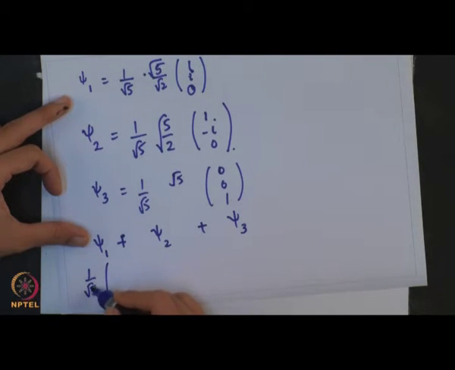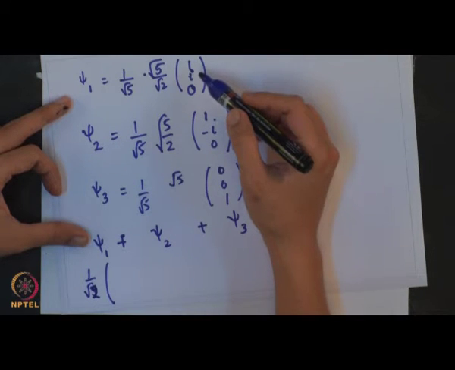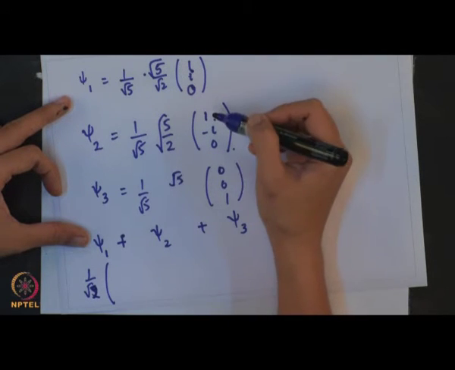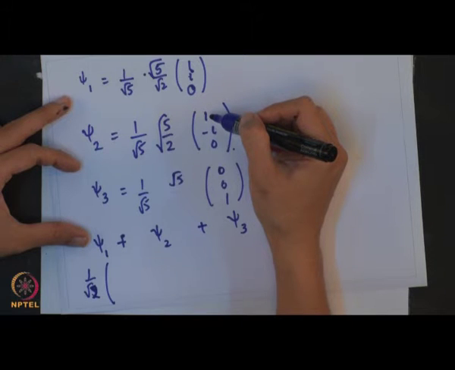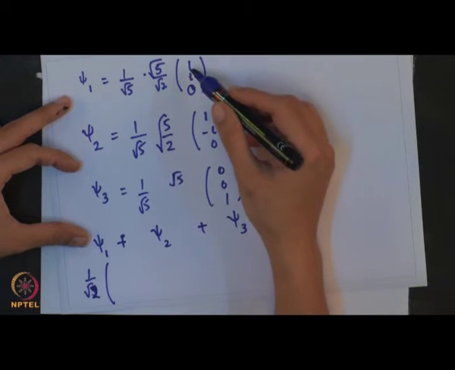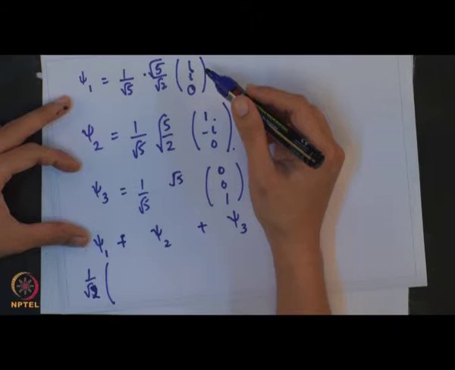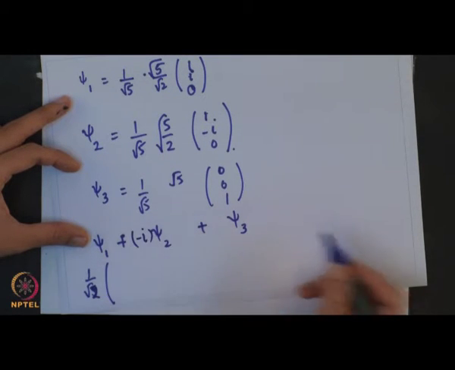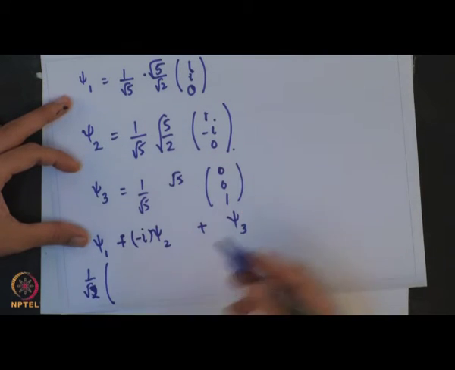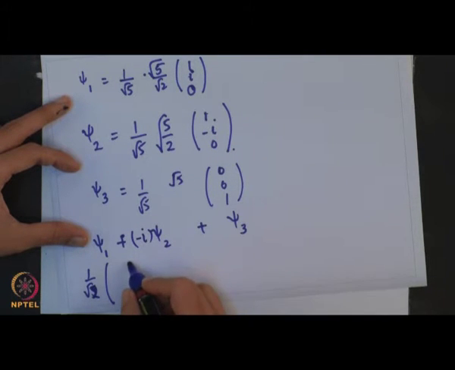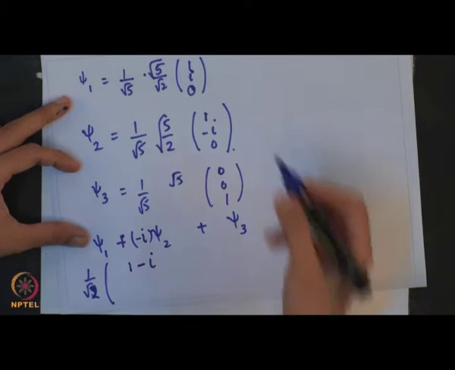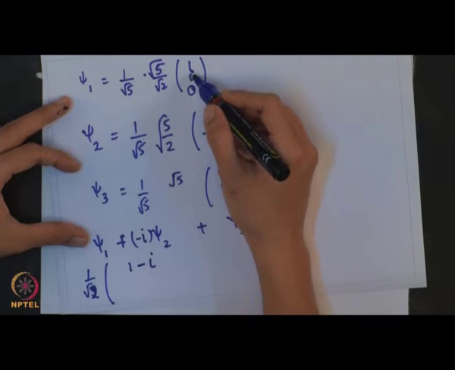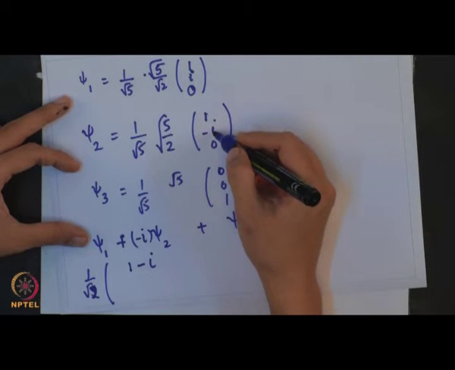so basically this is 1 by root 2 only, I will have here 1 plus 1, I do not want 1 plus 1, okay, I want 1 minus i. So, I multiply this by minus i. Okay. So, I have 1 minus i and this is 0. So, 1 minus i, next one is i into minus i.